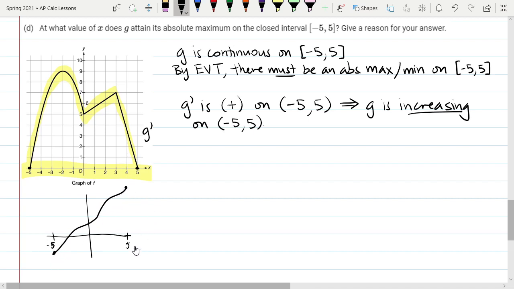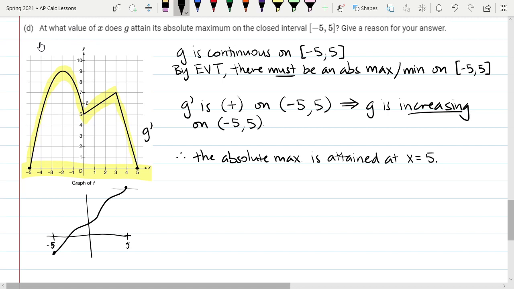And if that's the case, hopefully you can clearly see that the absolute maximum of this graph must occur at x equals 5. So therefore, the absolute max is attained at x equals 5.